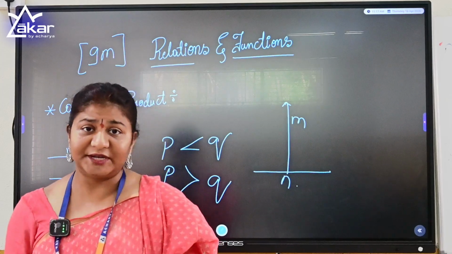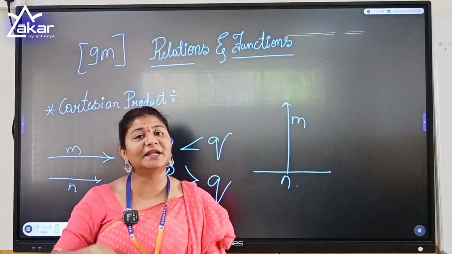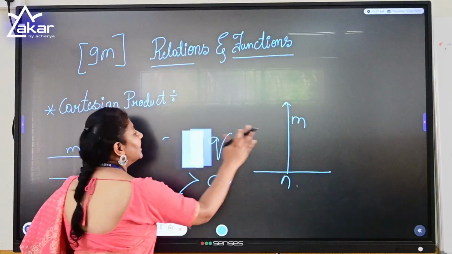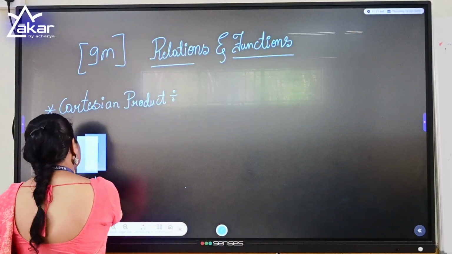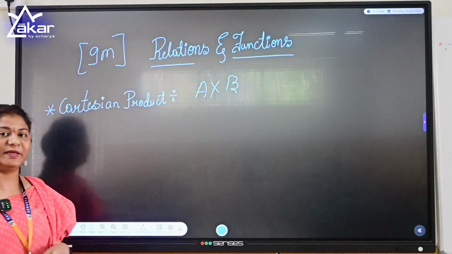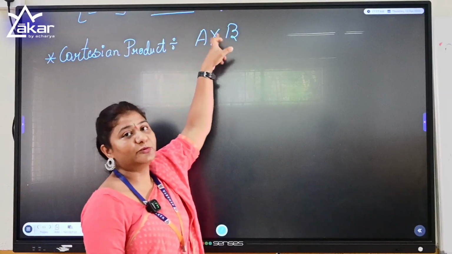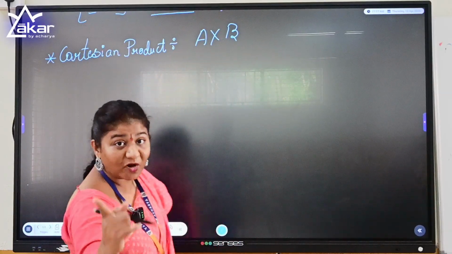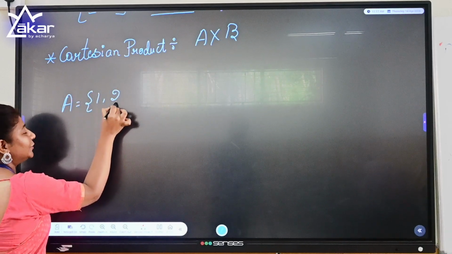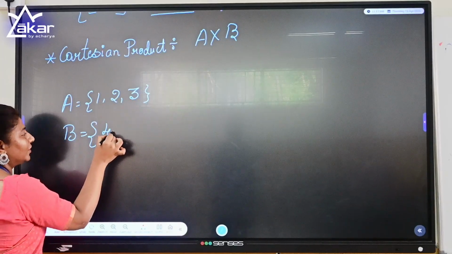As you know the definition of a relation, in simple terms I will say that a relation is a subset of the Cartesian product of sets. We usually write the Cartesian product as A cross B. A cross B means the set of elements in A paired with the set of elements of B. For example, let A have the elements 1, 2 and 3, and B have the elements 4, 5.